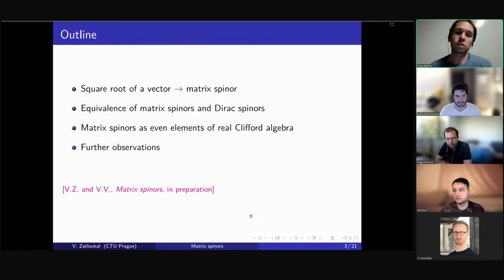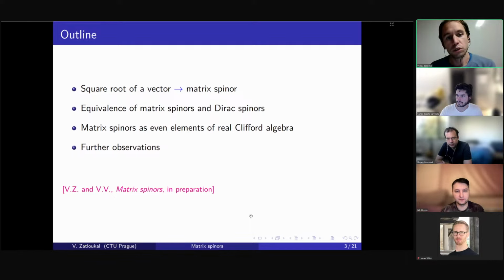So the talk will be as follows. I will detail this square root of a matrix representation of a 4-vector, because there are some subtleties in how to take the square root.